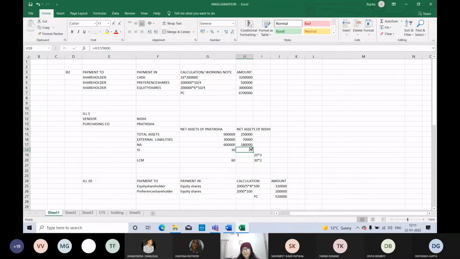Yeah, I'm saying, let me show it to you like this. So Pratiksha, one share equals 30 rupees and Nidhi, one share equals 20 rupees, right? So which obviously means that 20 into 3 is 60 and 30 into 2 is 60, which means for every 3 shares of Nidhi, Pratiksha will give her 2 shares.